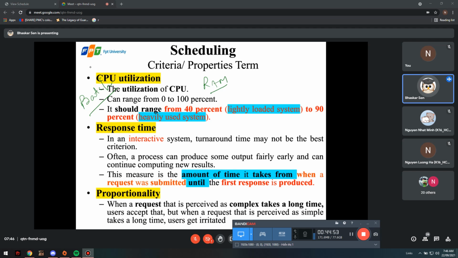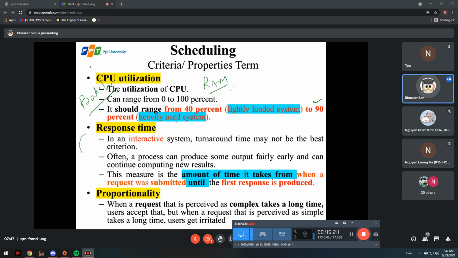If you have more RAM, you can load more processes, so you can share your CPU among more processes, and that's what we need to increase CPU utilization. For a heavily used system, 90% is our target. This is for batch systems.